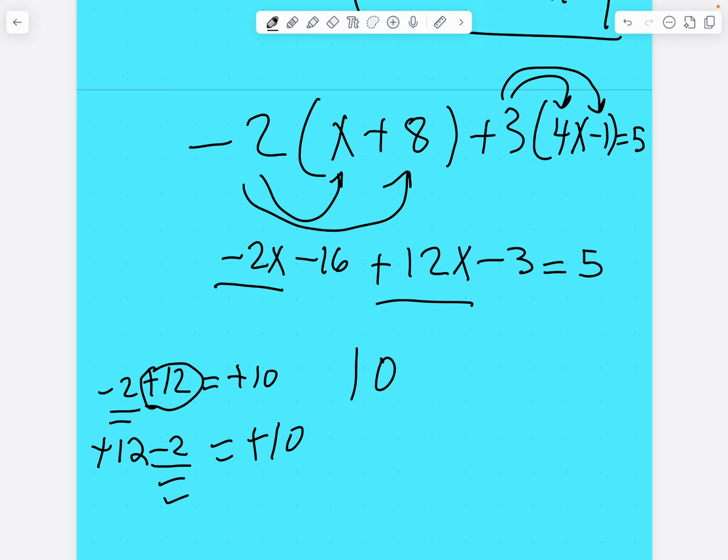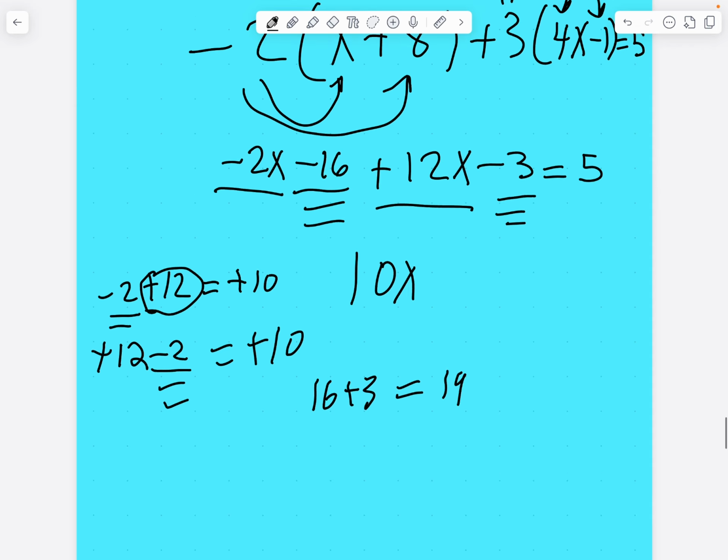So I have 10x, and I have -16 minus 3, which is awesome. You just add them. You do 16 plus 3, which is 19, but add a negative sign to it. -16 minus 3, because they're both negative numbers, it's -19. These are just ways to save yourself a headache. So -19 equals 5. Now, I don't want all of that with my x.